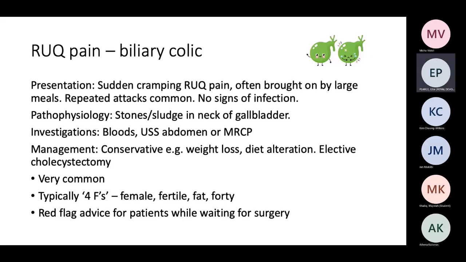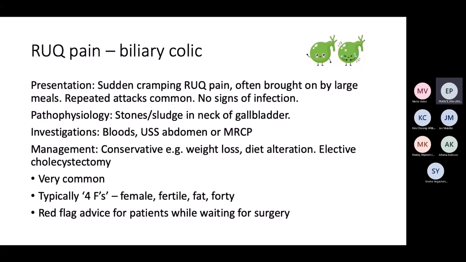Management of biliary colic in the first instance is conservative, so avoiding fatty food and large meals, trying to lose some weight, and then the plan really is an elective cholecystectomy. But wait lists at the moment can be quite long. It's really important to give patients some red flag advice about what they need to come to hospital with, particularly any signs of infection, any jaundice, or pain that they can't manage at home.